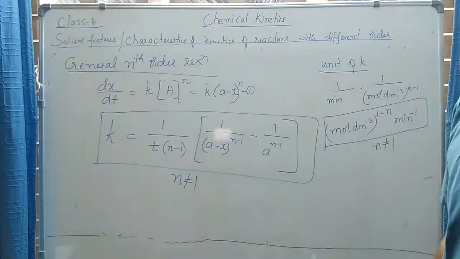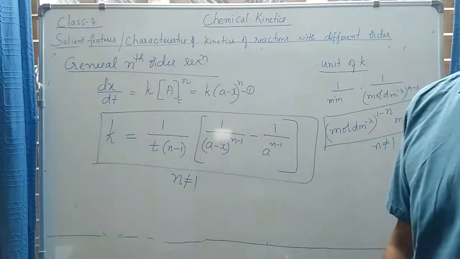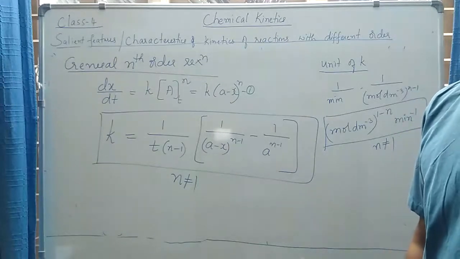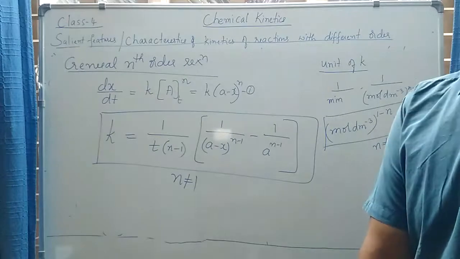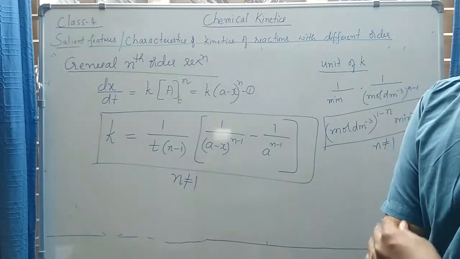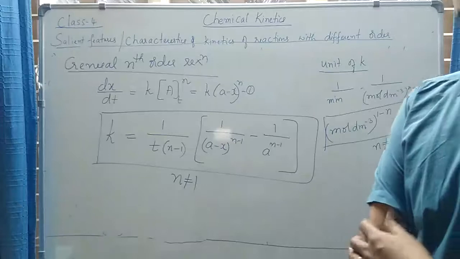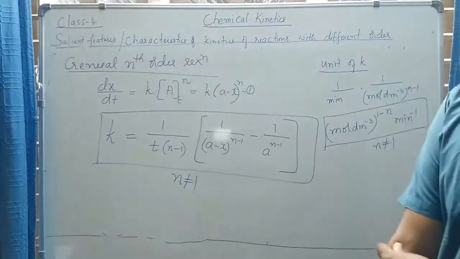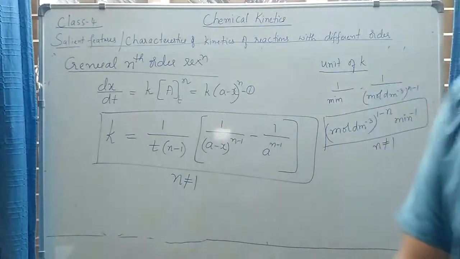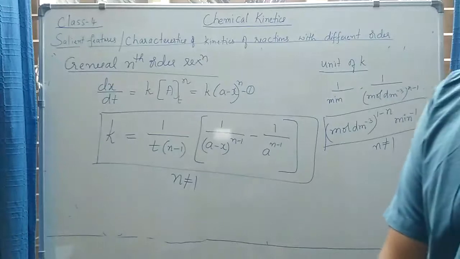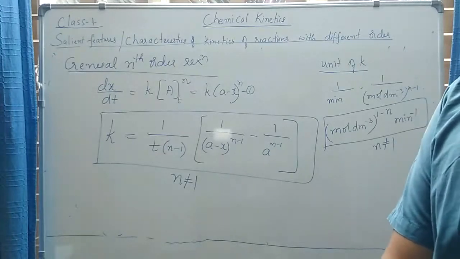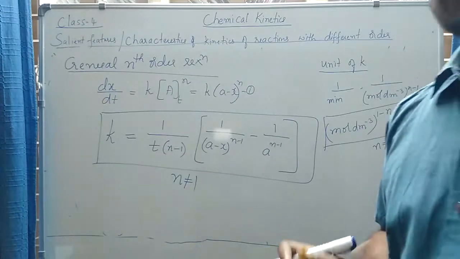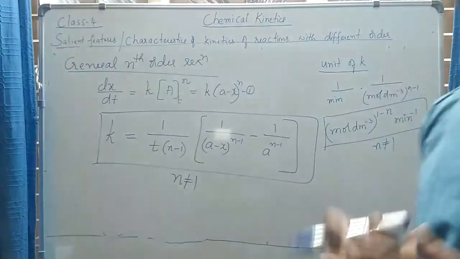Now let us define and find out the characteristic of the reaction called the half-life of a reaction. So half-life of a reaction is a very important aspect related to chemical kinetics. One, it is a measure of how fast the reaction is taking place, whether it is a fast reaction or a slow reaction.